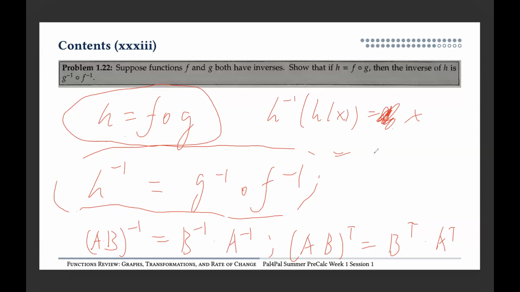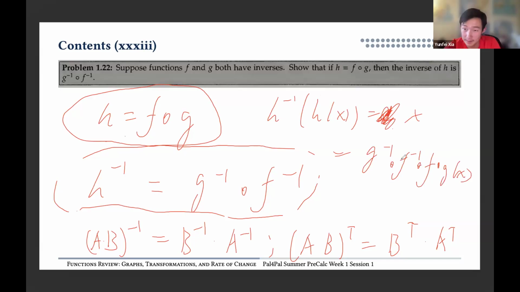So then h inverse of h of x should equal x. Yeah, that's pretty cool. Because this is the identity, so this is x, so it just disappears, and this disappears. Yeah, that's true.